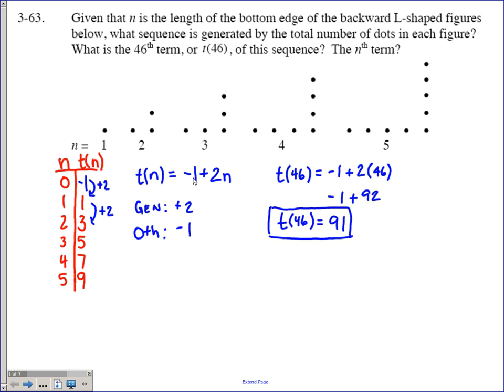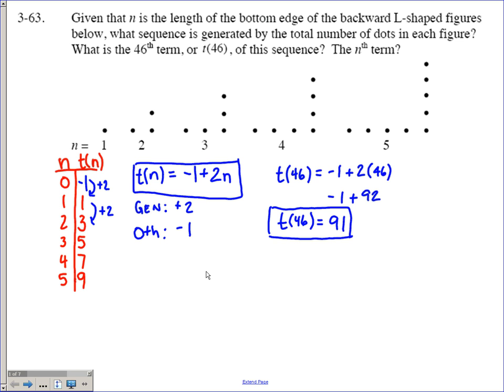We're always going to take whatever our term number is, multiply it by 2, and add a negative 1. So this explicit equation we've come up with shows that the nth term is negative 1 plus 2 times whatever that term number is.